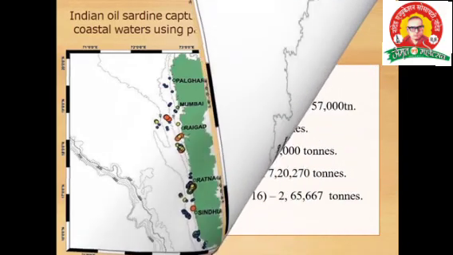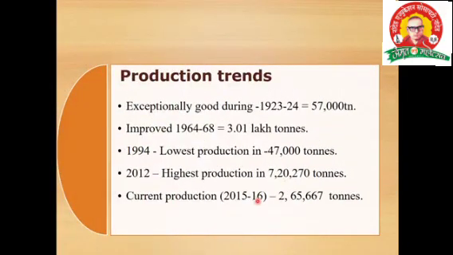Okay, then production trends. Good during 1923 to 1924. It's old data. We found that then it improved in 1964 to 68. That is 3.01 lakh tons. Improved compared to 94, somewhat lowest production.